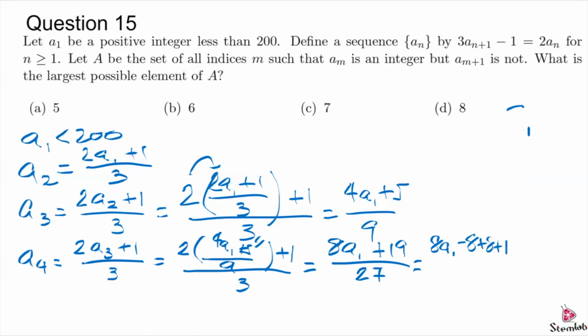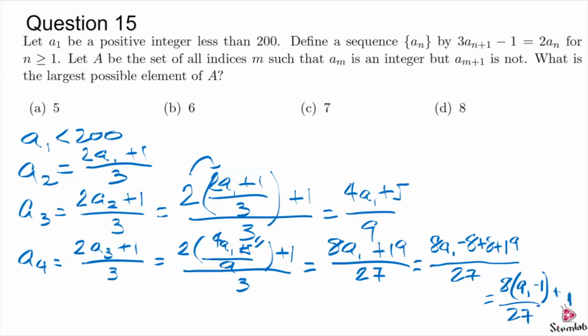We end up simplifying that as 8 times a sub 1 minus 1 all over 27, and then we just get a plus 1.